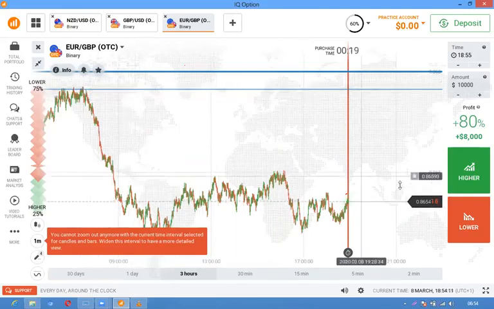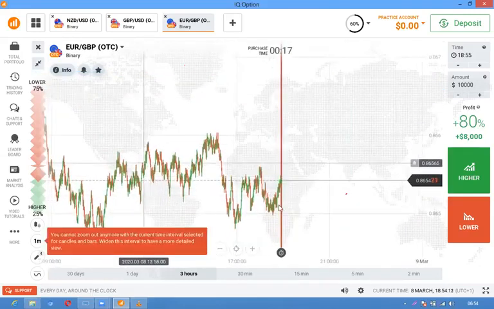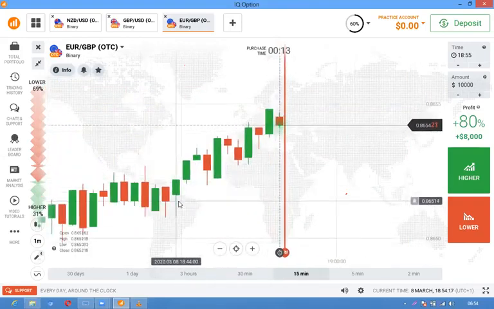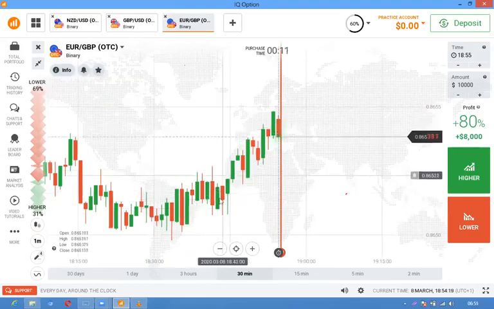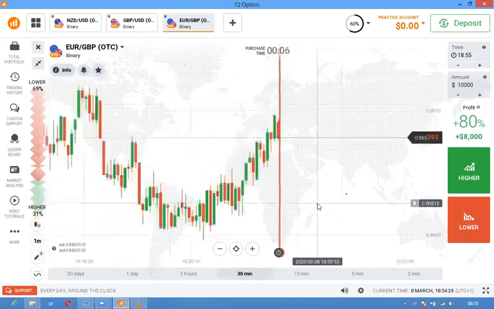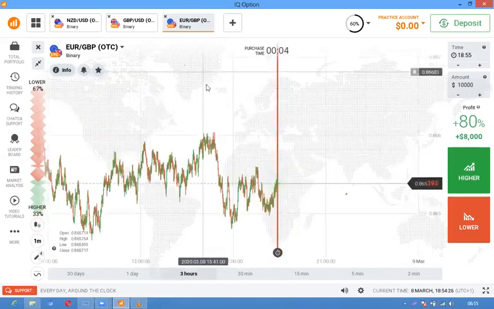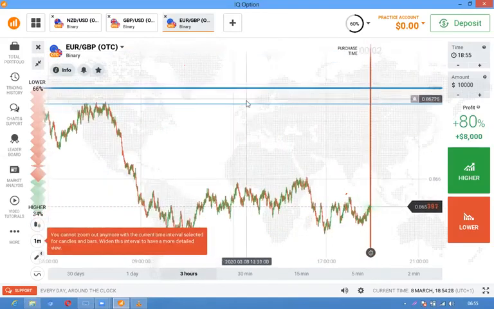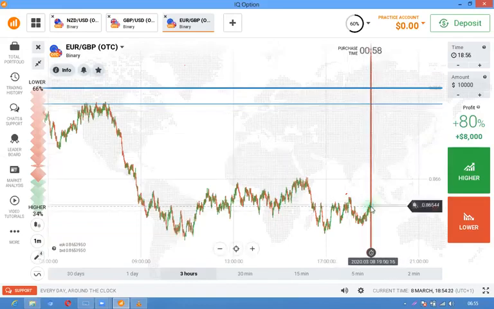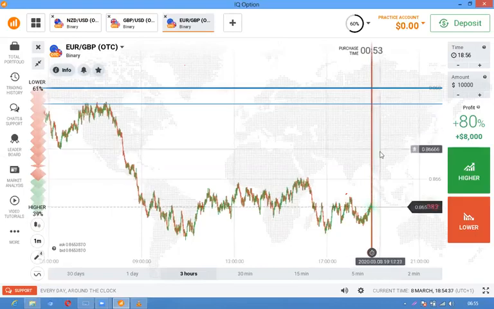Just buy the market, because here the buyers are trying to prove their power. Even though the sellers will try to enter, this is where the market is heading to, this level. So just buy the market and you might have gotten some good profit.